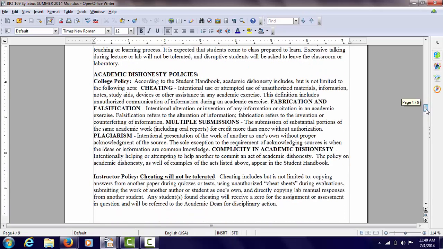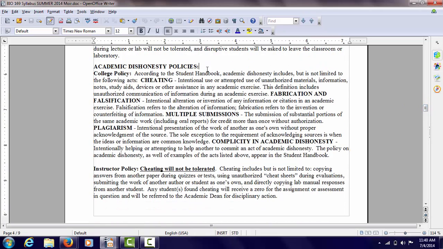Okay. Academic dishonesty policies. This is important that we need to go over. All the ones that are in capital letters are various forms of cheating or academic dishonesty. Cheating, fabrication and falsification, multiple submissions, plagiarism, and being complicit in academic dishonesty. This is very serious that we take here at Gaston College. I will be checking every test answer that you submit, not just yours, but everyone else's in the course.